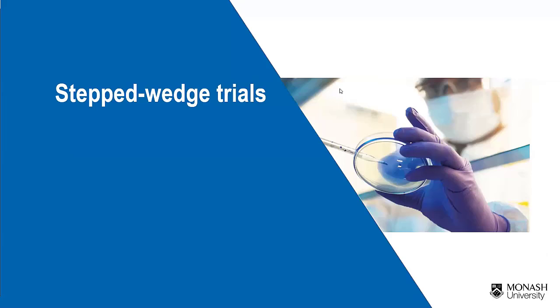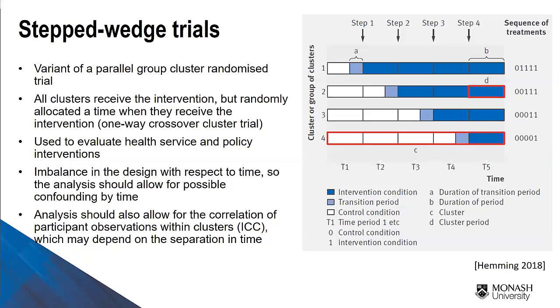I just want to also touch on something known as a stepped-wedge trial. This is a variant, again, of a parallel group cluster randomized trial. All clusters receive the intervention, but are randomly allocated a time when they receive the intervention. So it's like a one-way crossover cluster trial. There is imbalance in the design with respect to time, so the analysis should allow for possible confounding by time.